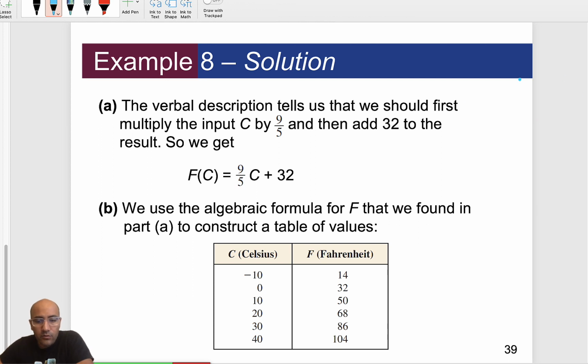Like for example, for this one, we would have f of 20 is equal to 9/5 times 20 plus 32. 5 goes into 20 4 times. You get 4 times 9 gives you 36 plus 32, which gives you 68. And that's how they got the 68.